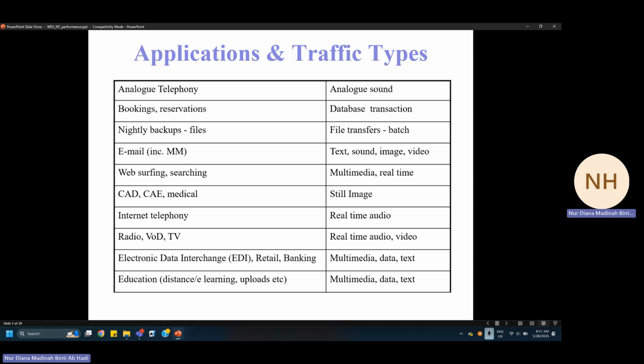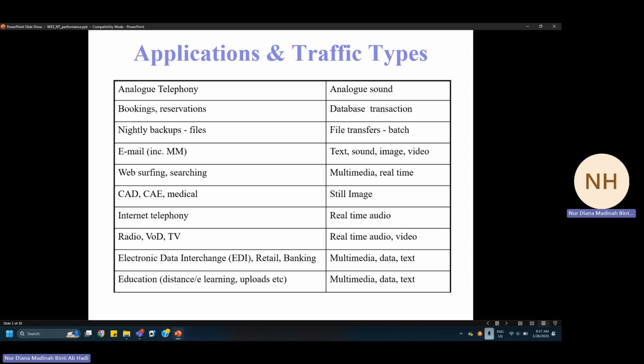CAD, CAE, and medical are considered as still image. Internet telephony, radio, VOD, and TV are both real-time audio, but TV and video on demand will include your video.